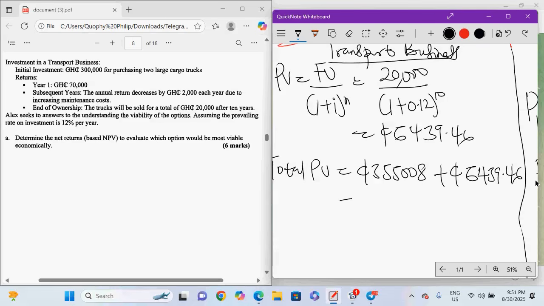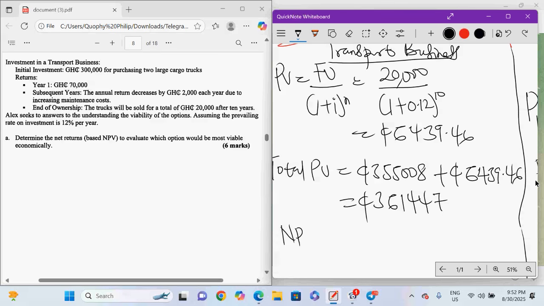All right, so that will give us a new present value of 361,447. So that is the total present value.